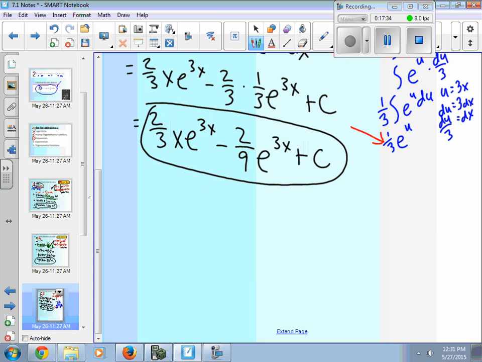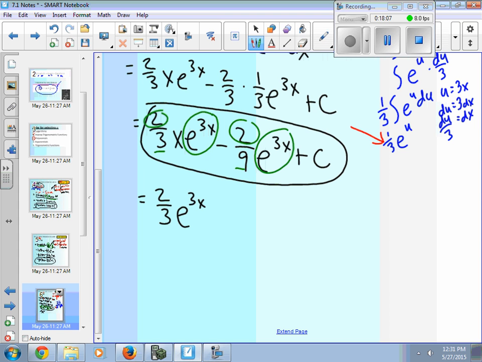If you go on to take a Calc 2 class where you're doing some of this, you could also probably have this answer written a little bit differently, especially if it would be a multiple choice question on an exam in Calc 2, because you got some similar things here that we could factor out. e to the 3x shows up in both of these, plus 3 and 9 both have a 3 in them, so you could factor out a 2/3 e to the 3x here.